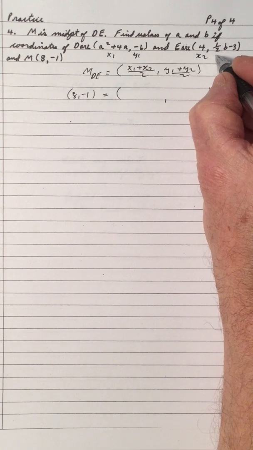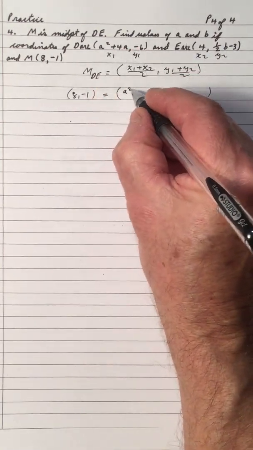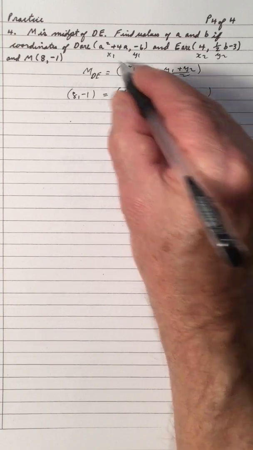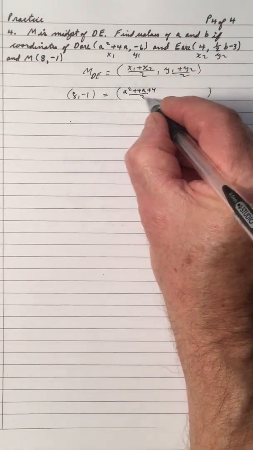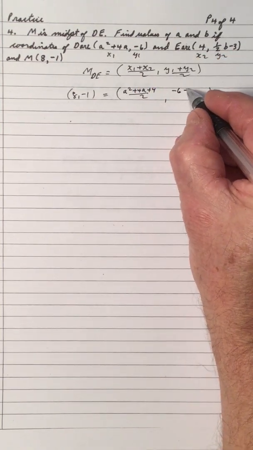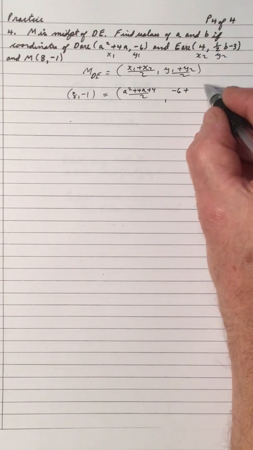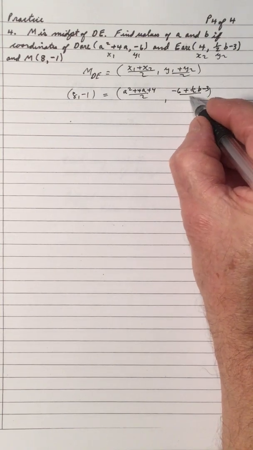This is x2, y2. So a squared plus 4a is x1. x2 is add on 4. And y1 is negative 6, add on y2, which is a half b minus 3, over 2.